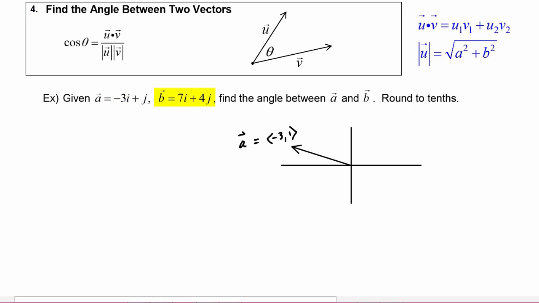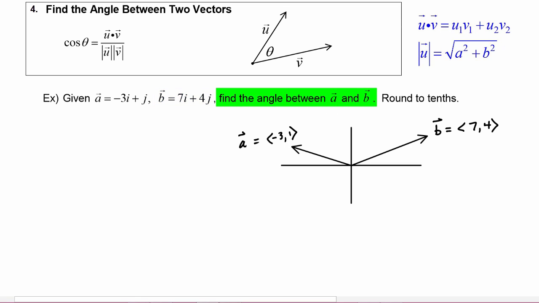We know vector B is 7i plus 4j, so that would be over here. And again, we can write that as vector B is vector 7, 4. So we have to find the angle between them, so this is what we are solving for. Let's call it theta.